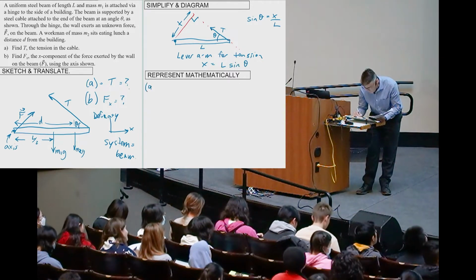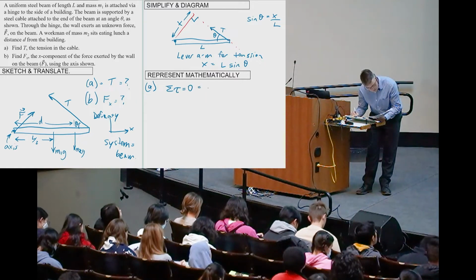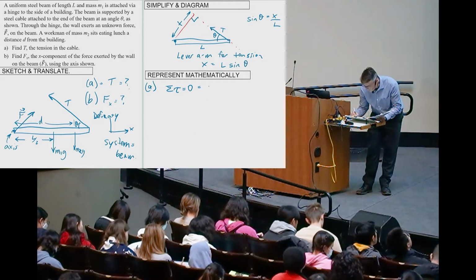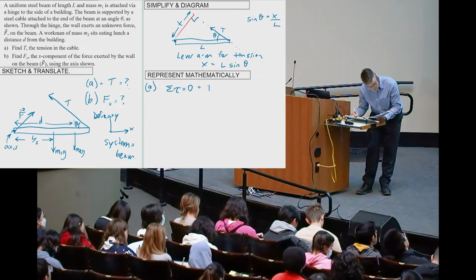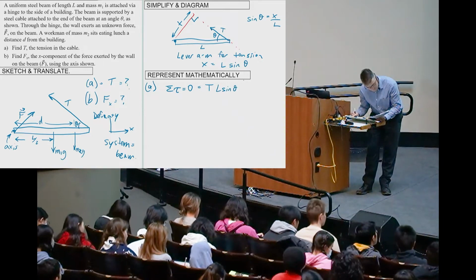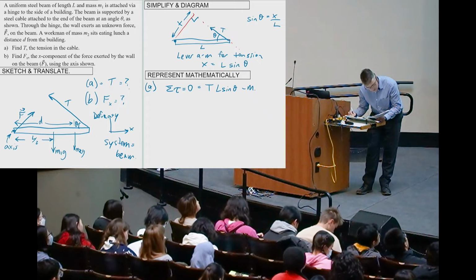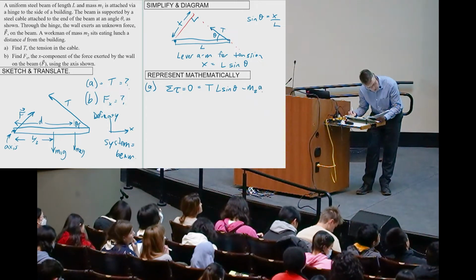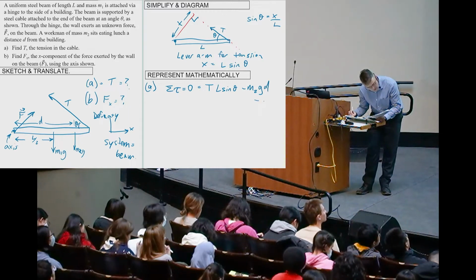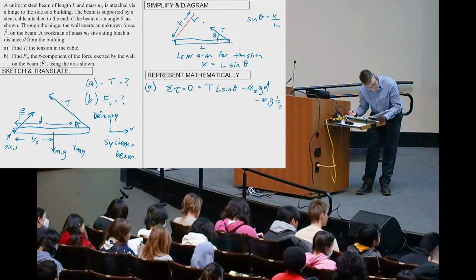So when I do the sum of the torques equals 0, I've got a positive torque from the tension, so it's T times L sine theta. And then minus these perpendicular forces: M2 times G times D, that's clockwise, and minus M1 times G times L over 2.